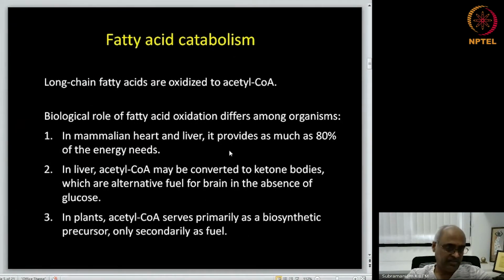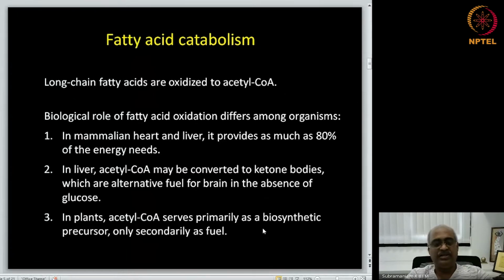In addition, in liver, acetyl-CoA can be converted into other things. In addition meaning in addition to entry into TCA cycle. So it will use acetyl-CoA via TCA cycle for its own energy requirement. Here it's referring to liver. And in addition to meeting its energy requirement by oxidizing acetyl-CoA via TCA cycle, liver can convert acetyl-CoA into ketone bodies.